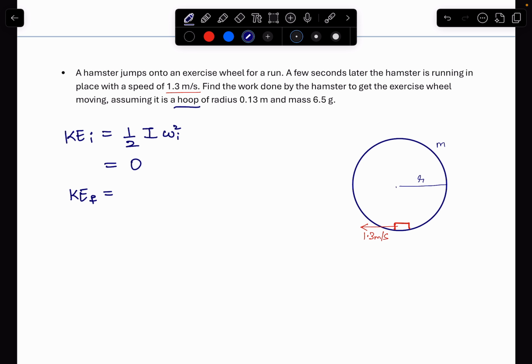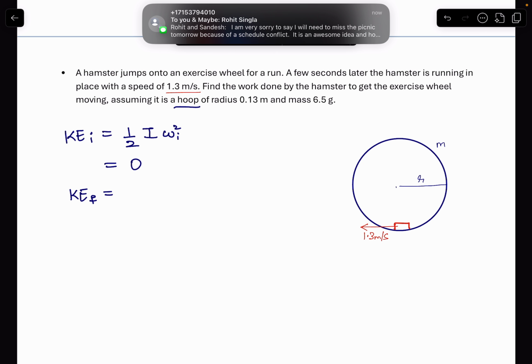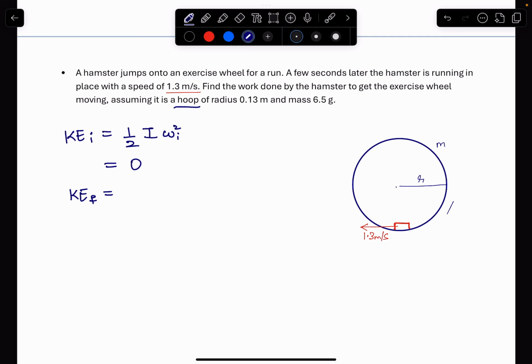So if the hamster is running at 1.3 meters per second, V is equal to R times omega. So the angular speed at this point is going to be V divided by R. And because this is a hoop, its moment of inertia is m r squared.